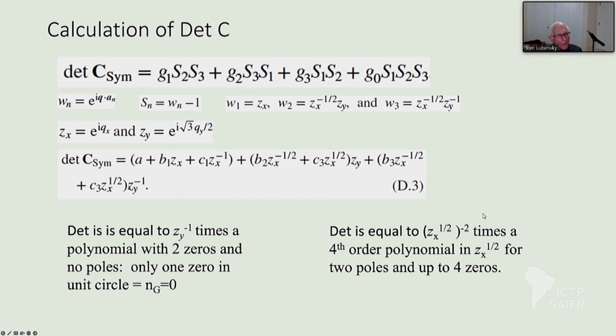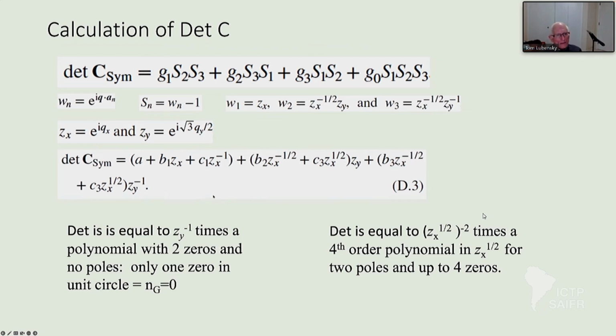And you can see that you get a difference going in the X and the Y direction. In the Y direction, I have 1 over Z times a polynomial in Z squared. In the X direction, I can take out a Z to the minus a half and square it. So I can take out a Zx to the minus 1. That's the square of Zx to the 1/2.